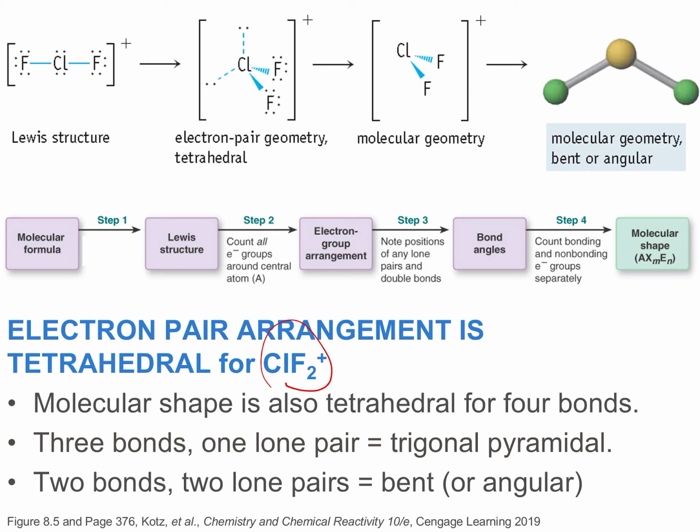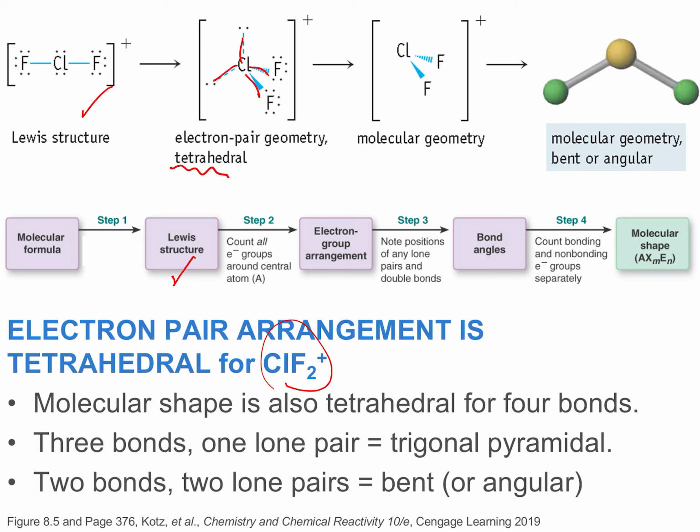Let's do another example. This is an ion, ClF2+. So if you draw the Lewis structure, Cl is the central atom, and you've got 2 bonds, 2 fluorines, but you also have some lone pairs. So what do we do next? So we drew the Lewis structure, that's right there. Count all the groups. We've got 1, 2, 3, 4.